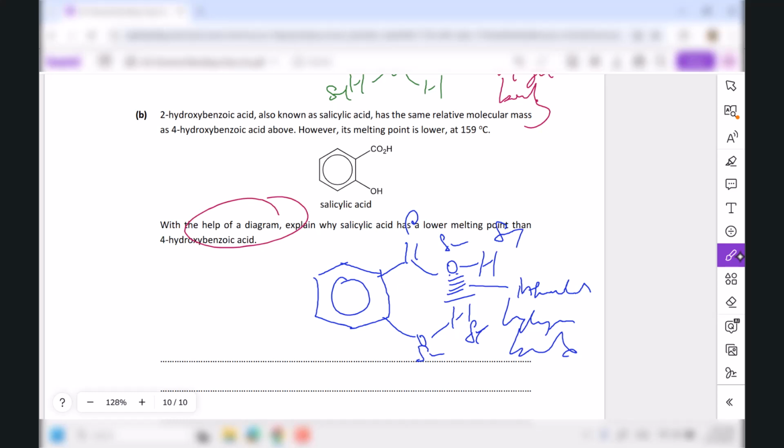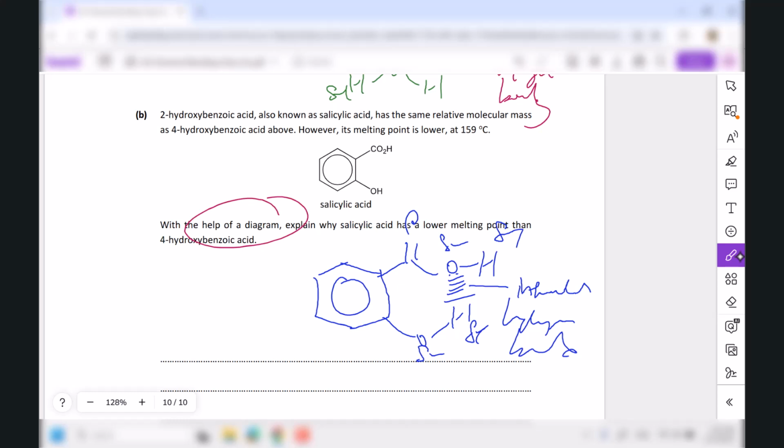So once intramolecular hydrogen bonds take place, the intermolecular hydrogen bonds between salicylic acid molecules will be weaker and less extensive.